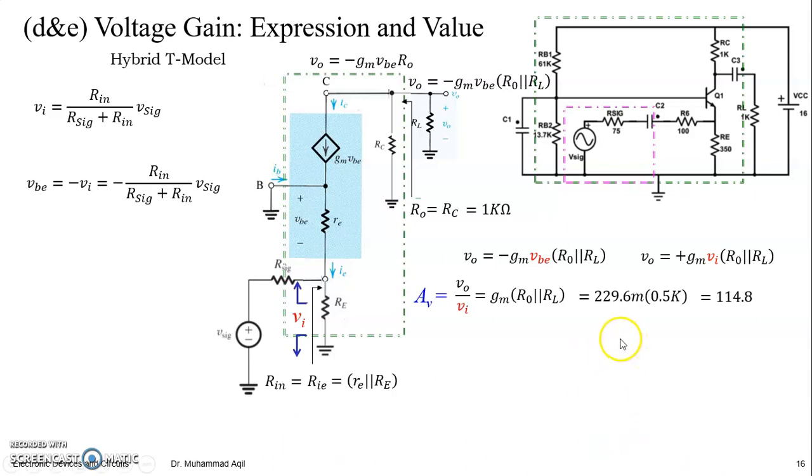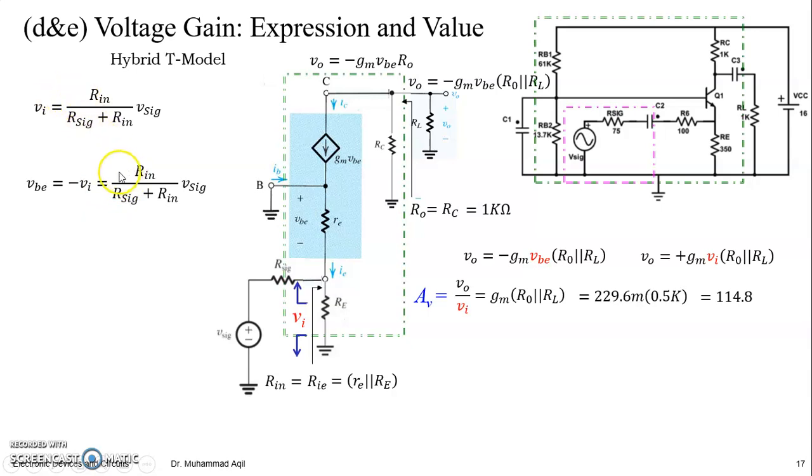How about GV? GV will be from here to here, including R naught and RL. So we have to consider this equation again. But at this time, we want to replace VBE with V signal so that we can have a relation from here to here. VBE is this one. Sorry, we have a minus sign here, right?